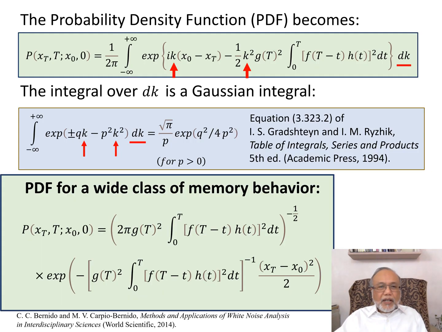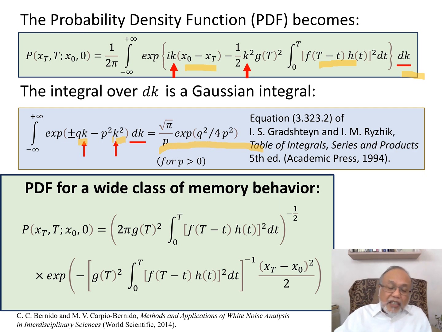Let's look at this expression. The integration over dk is actually a Gaussian integral. If you look at Gradshteyn and Ryzhik, for example, this is an expression for the result of the dk integration. All you have to do is look for the coefficient of k and the coefficient of k squared in your original expression, and the right hand side is just in terms of the q and p.